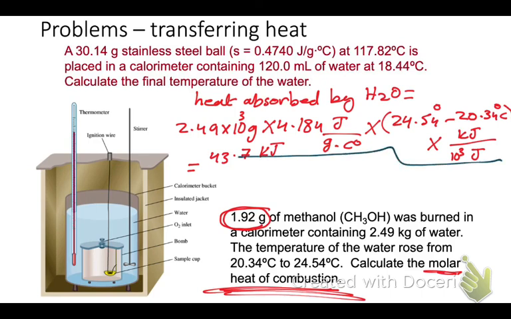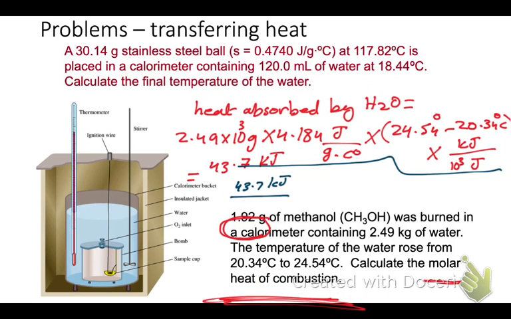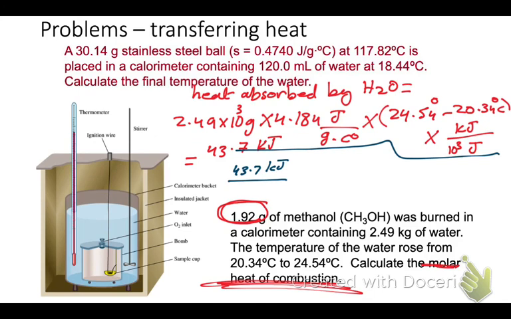So the heat that I got is 43.7 kilojoules for every 1.92 grams of methanol. Can I make grams per mole? All I need to do is to use the molar mass.